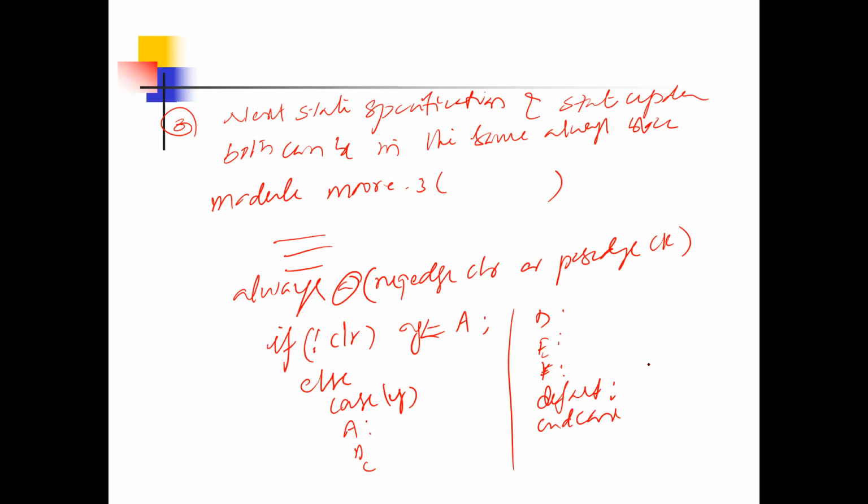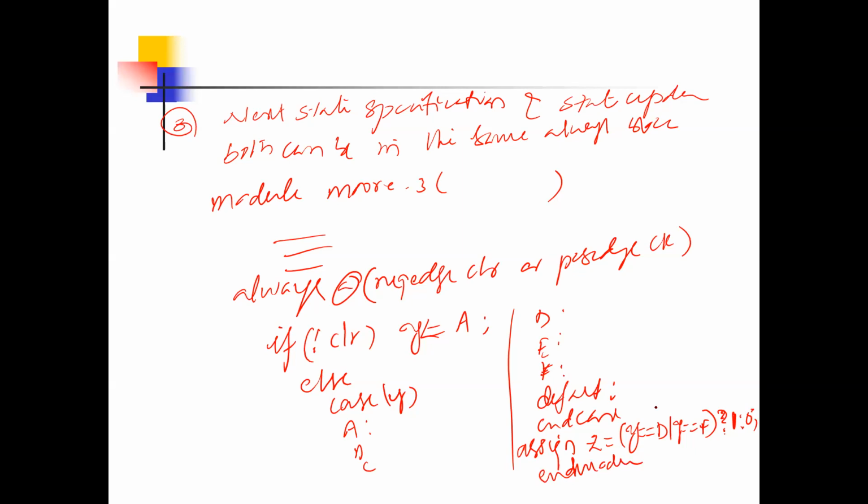So finally, you can write assign z = (y == B || y == F) ? 1 : 0. This is the output: if it is true, z is 1, otherwise your z is 0. So endmodule.